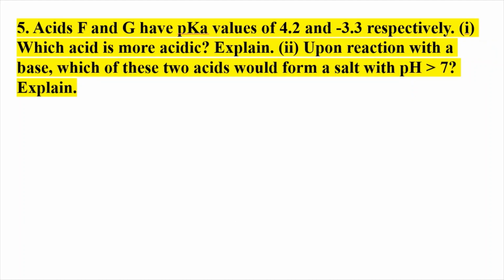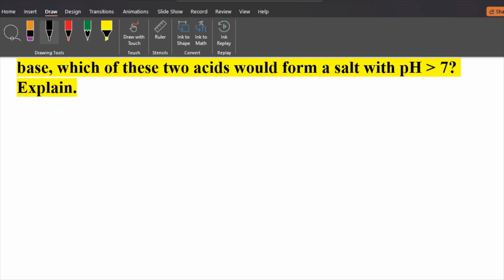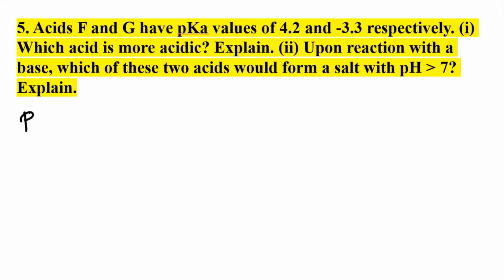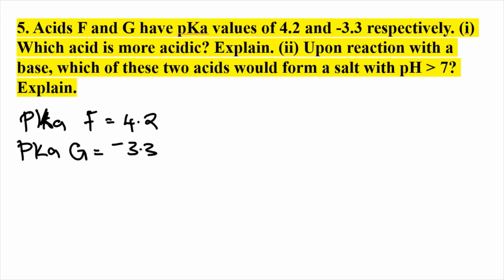All right. Question 5 says acids F and G have pKa values. The pKa for F is 4.2, and the pKa for G is negative 3.3, and they're asking us which acid is more acidic.